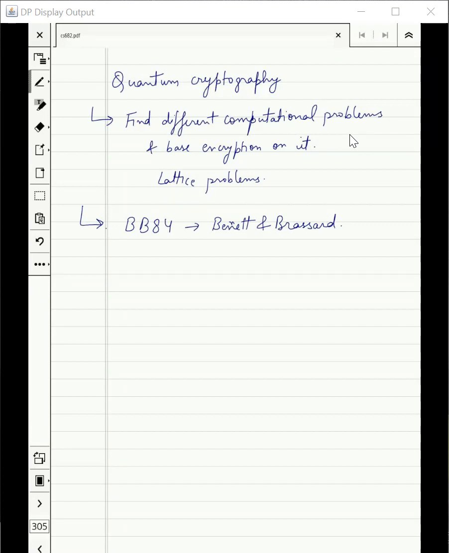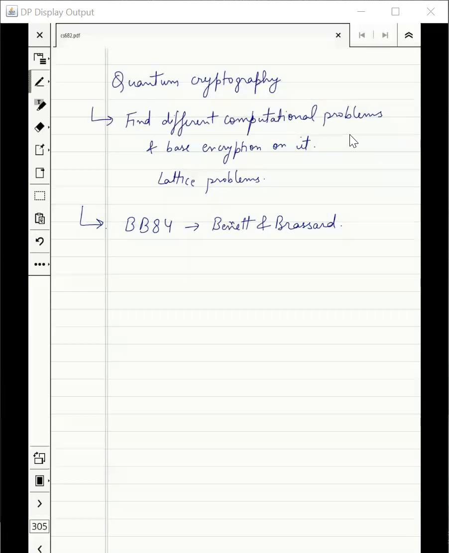Then people think solving the hidden subgroup problem on the dihedral group would be very hard. And there are crypto systems based on that. But again, there are much more things, and I'm not an expert on that. This is what I know.